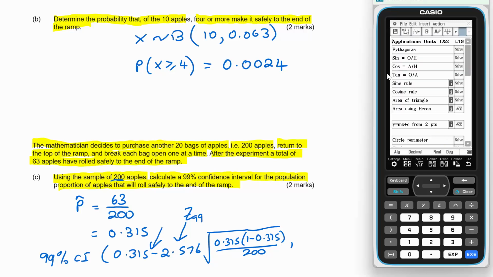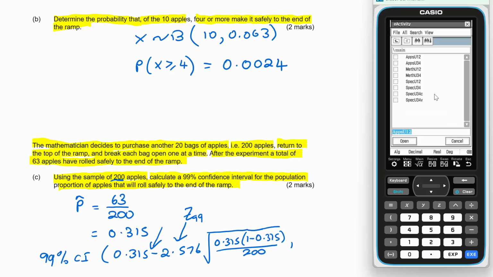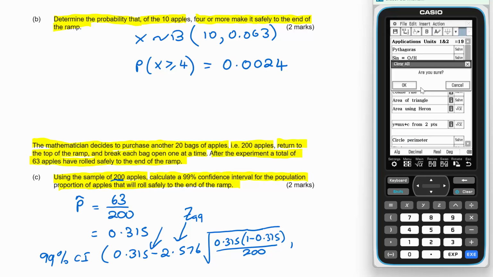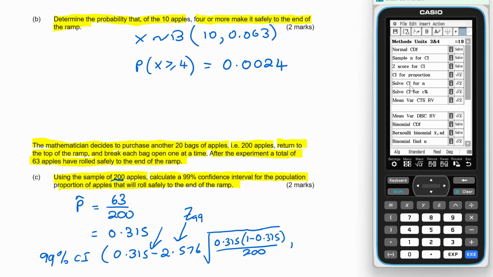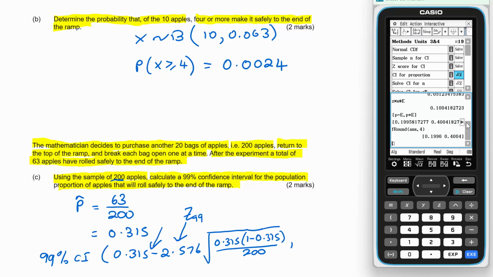So we'll just go to the eActivities, and I'm in applications at the moment, so I'm just going to get my methods open. Yes, I am sure. And we are going to go confidence interval for proportion, and we're going to zip up to the top there, and we are saying that there were 63 apples out of the 200.